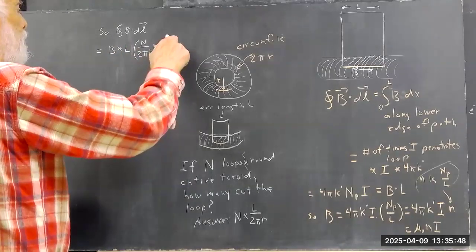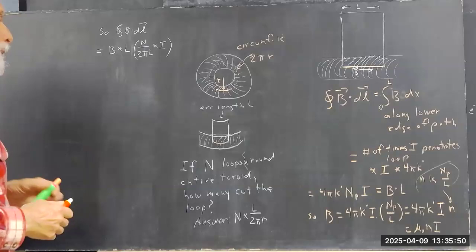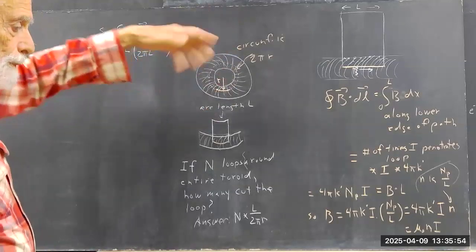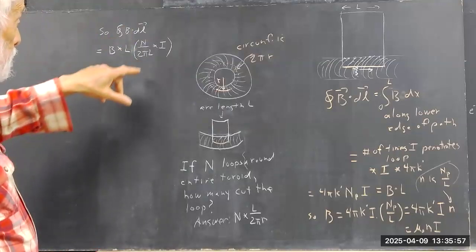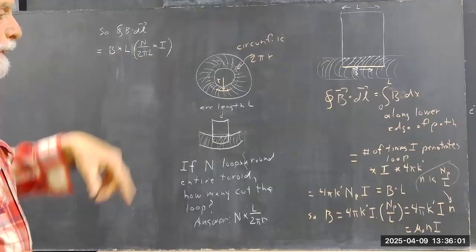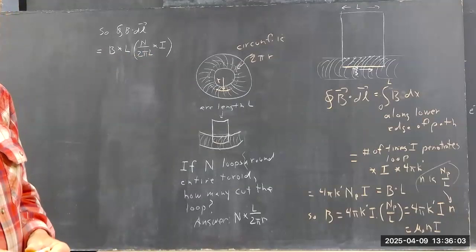It's whatever the current is in the wire that's winding around this loop times the number of penetrations. Okay.